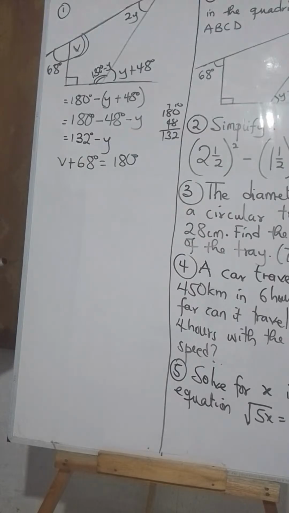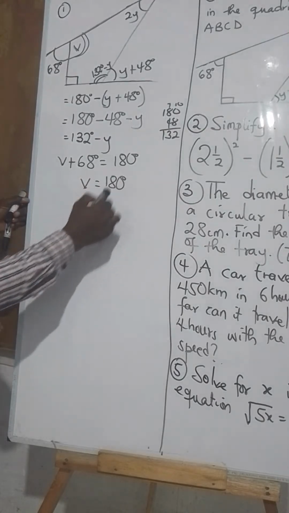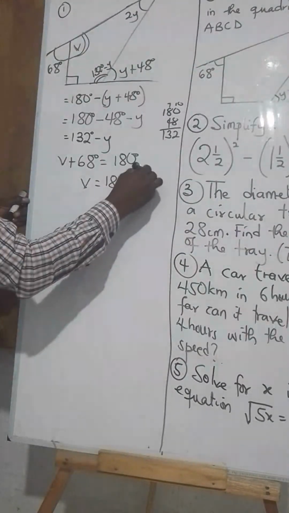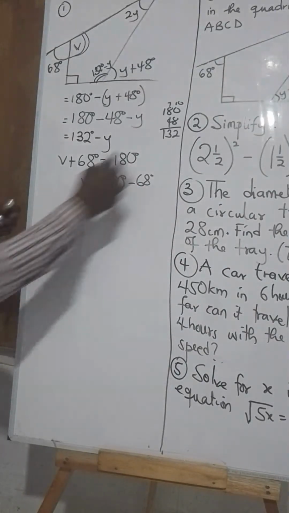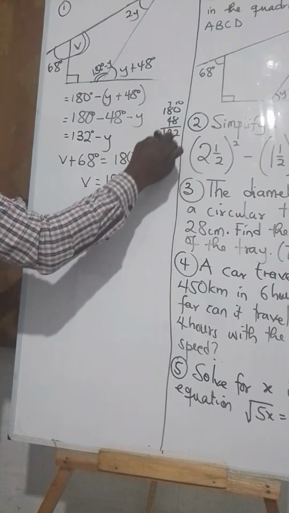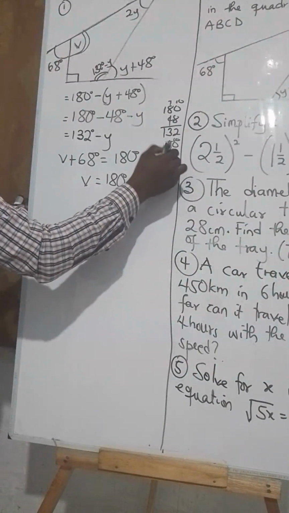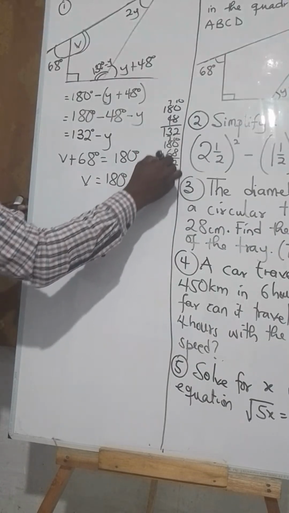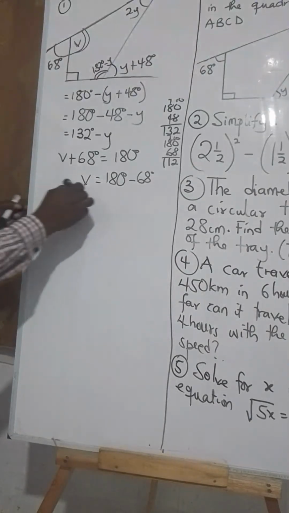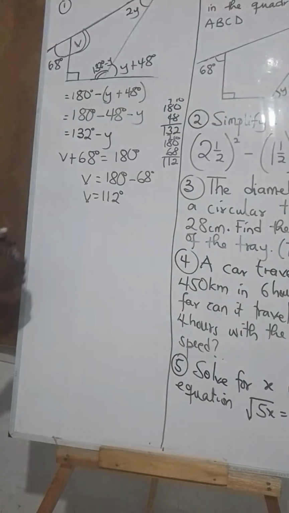With this, v equals 180 degrees minus 68 degrees, which gives 112 degrees.